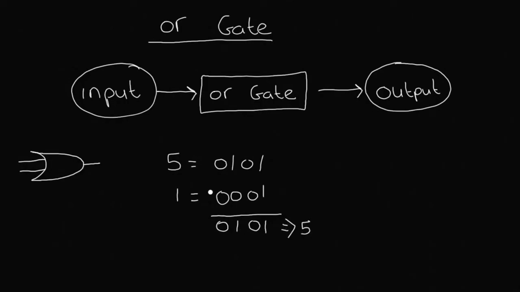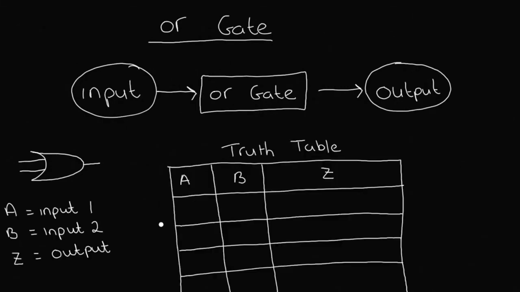So we're going to create a truth table to write down all the possible inputs and the solutions. I've drawn out our truth table here. A will be our first input, B will be our second input, and Z will represent our output or our answer.